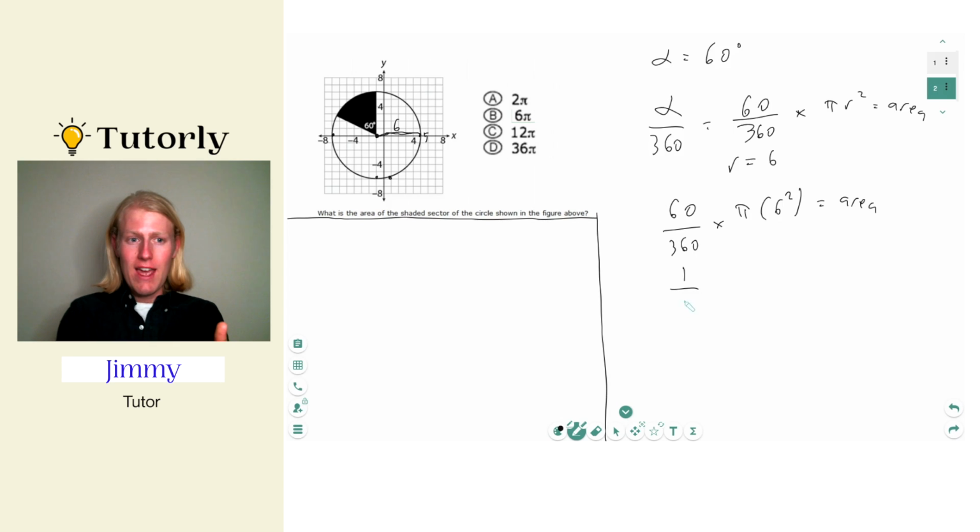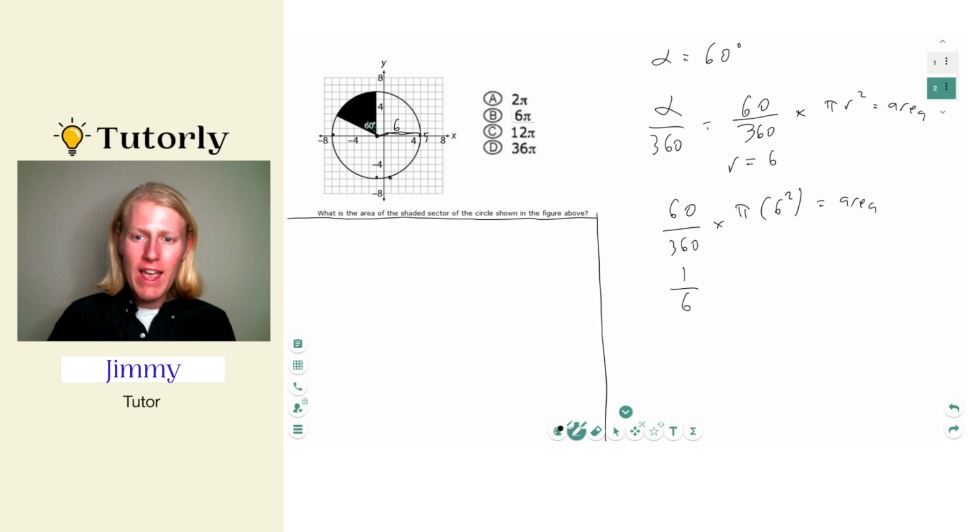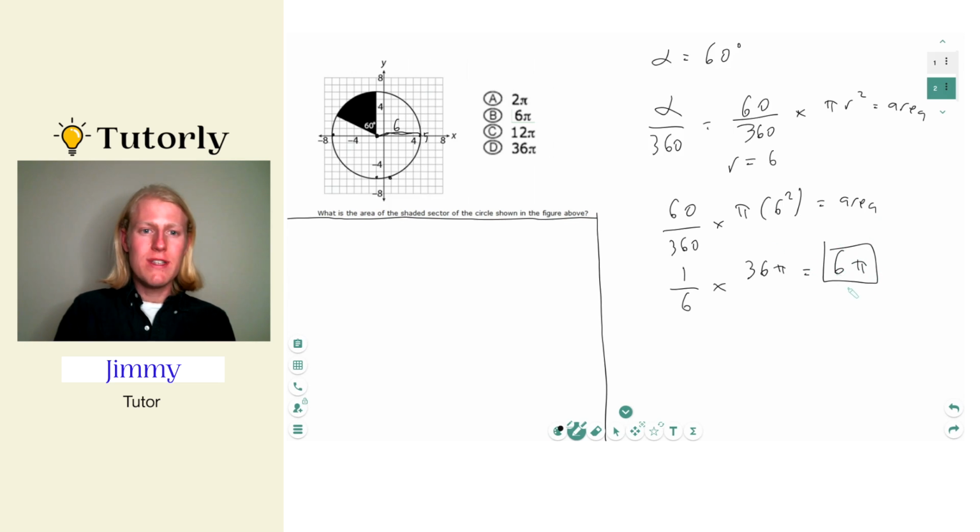Another way to think about that is 60 goes into 360 six times, so the proportion of our sector to the whole is 1/6. Now we multiply that by 36 pi, because 6 squared is 36. That is equal to 36 divided by 6, which is 6 pi. That gives us our answer using our formula. And so we see that our answer is B, 6 pi.